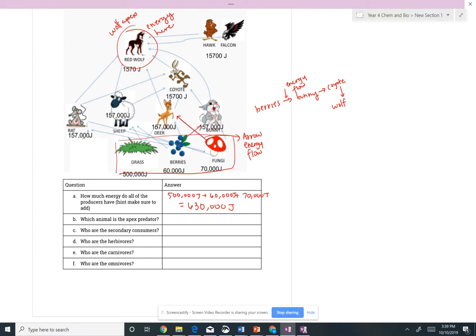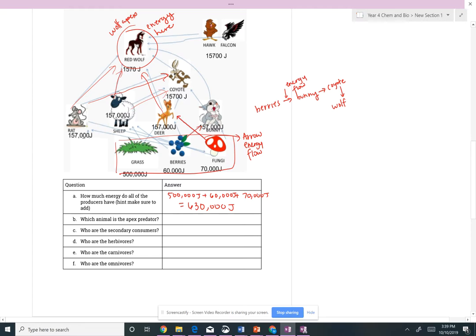Now I'm looking at that. So what is the next level up? I have a couple of secondary consumers here. I'm looking at where the energy from these guys is going to. If I look here, I have an arrow here, I have an arrow that goes here, and then I have arrows that go to my wolf.